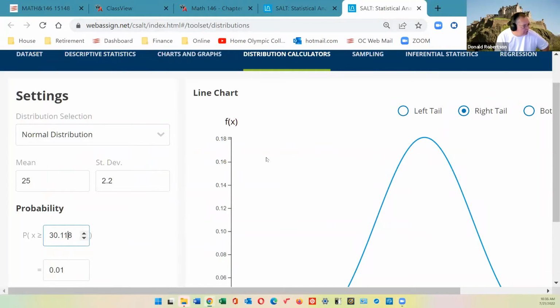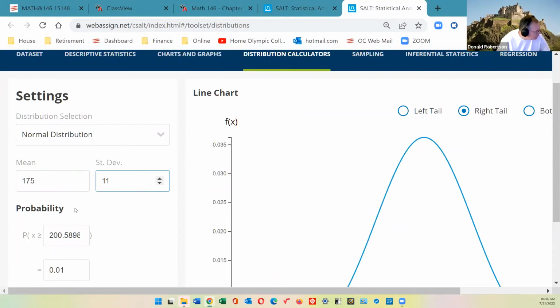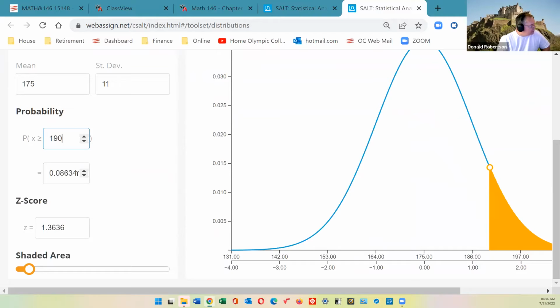Can you see the salt? Okay. So in this case, we're talking about an average of 175, and the standard deviation is 11. And we want to find what's the probability that it's greater than 190. And the answer comes out about that number there. So roughly an 8% chance.